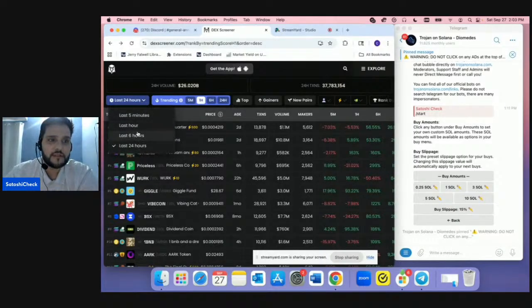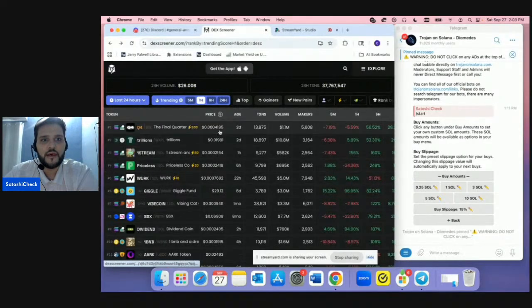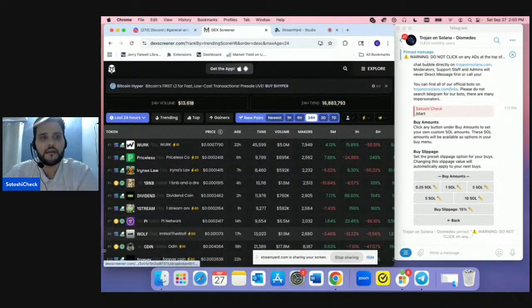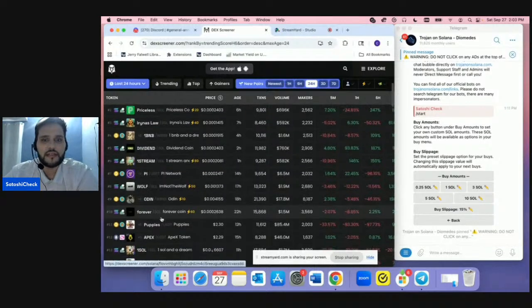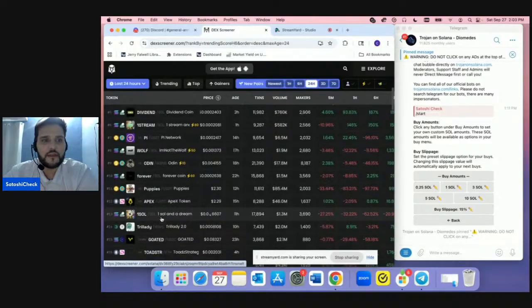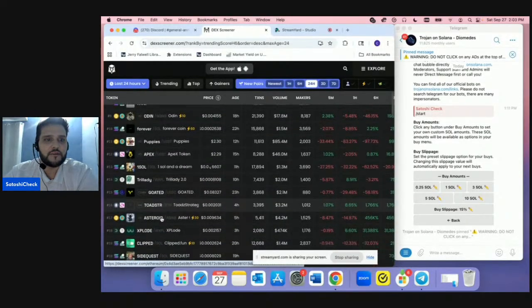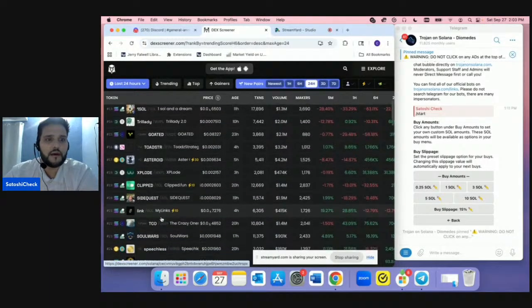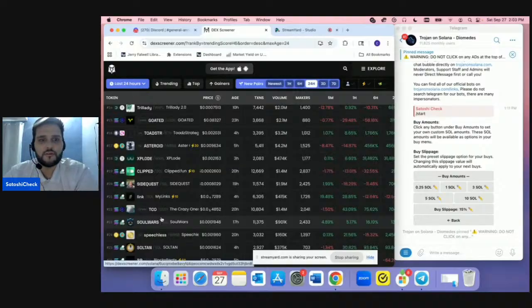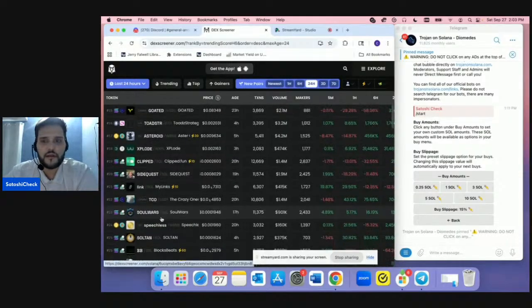Sometimes you leave it alone and things work out, but you don't want to, because oftentimes these things move, and if they move violently in the upwards direction, you want to catch that. It's not like leverage trading where you can just leave it there. It's something you want to act fast on. Keep that in mind.